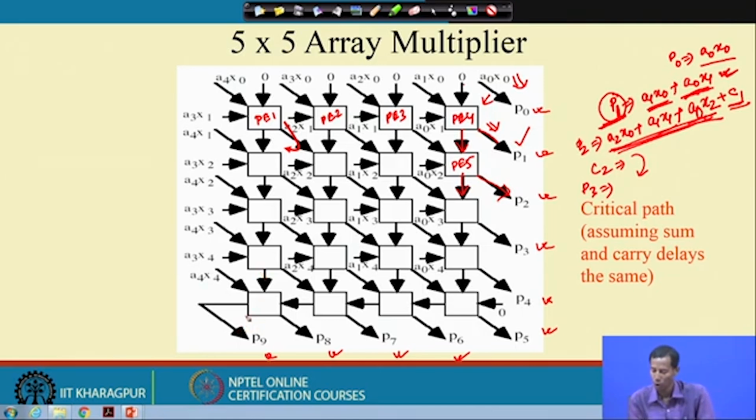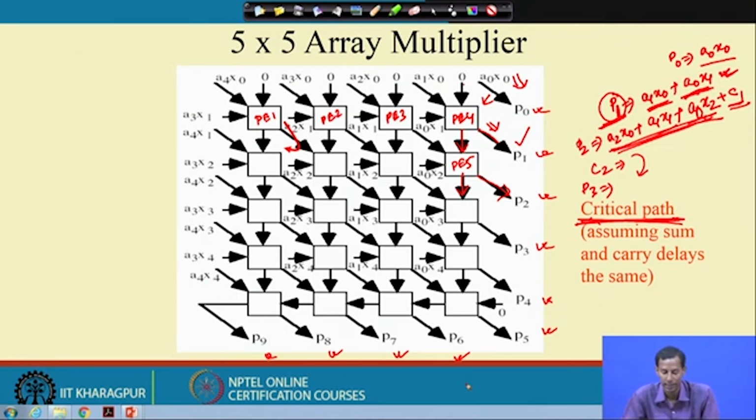Okay. So, then what is the corresponding critical path in this case? Which one will be the maximum, that means the path from the input to the output. Okay.